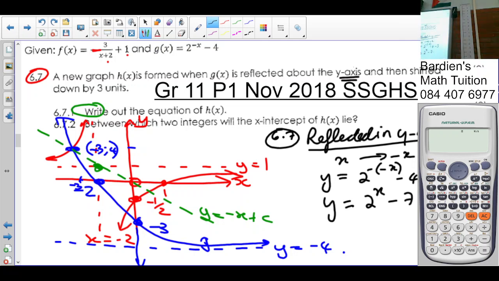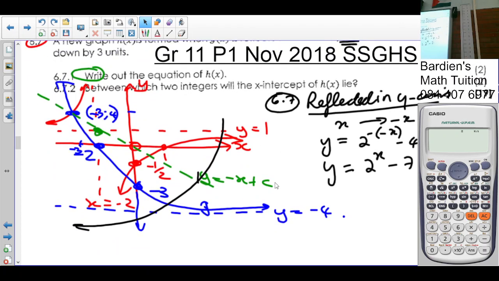So that graph that I drew earlier on, there was this graph, and it had to move down by 3 units. You guys understand? So how do I work out my x-intercept?